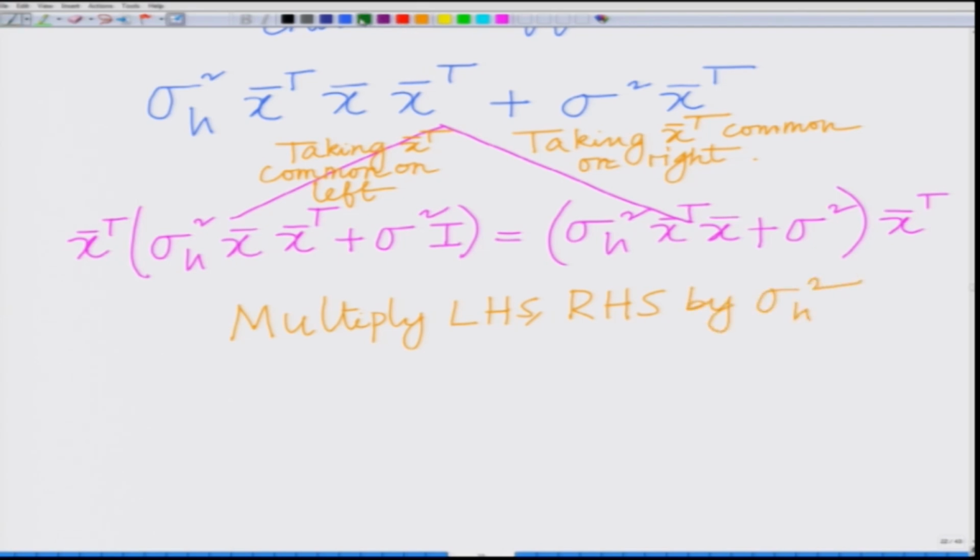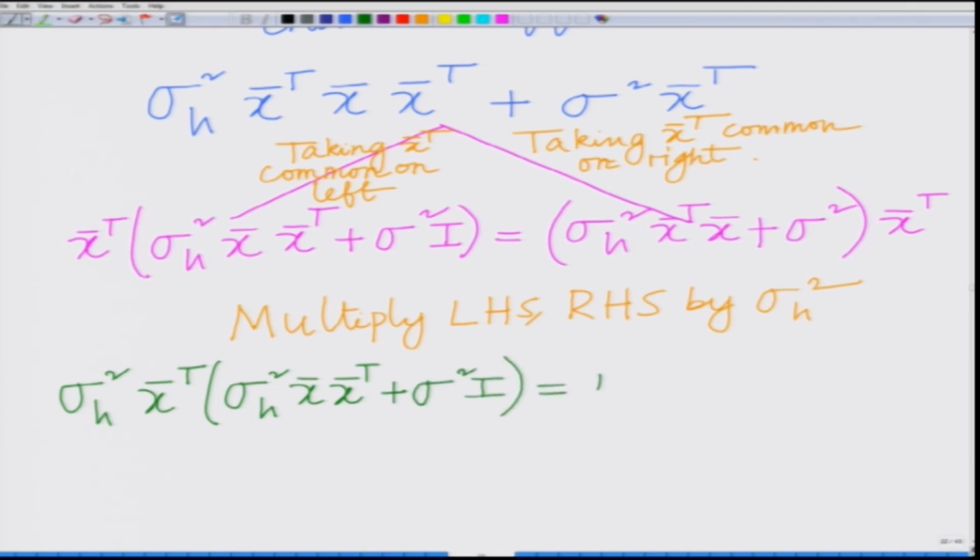If we multiply LHS and RHS by sigma h square, we have sigma h square into x bar transpose times (sigma h square x bar x bar transpose plus sigma square identity). This is equal to, well, sigma h square is a scalar, so it can go anywhere, sigma h square x bar transpose x bar plus sigma square times x bar transpose.